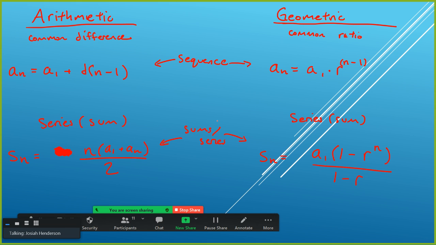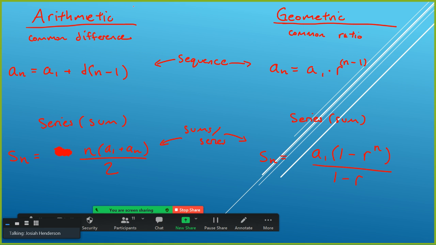Is this geometric? That means, does it have a common difference going up or down by adding, or is it going up or down by dividing, multiplying? If we can figure that out, then it tells us which set of formulas you'll need. So our first step should always be, what kind of sequence do we have? Is it arithmetic? Is it geometric? Is it adding, subtracting? Is it multiplying, dividing?